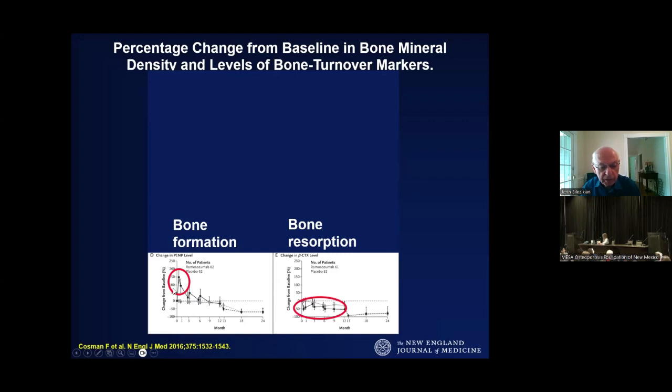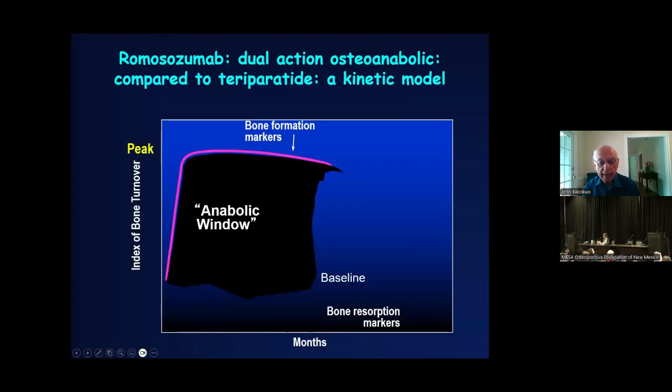So you've got a dual action agent initially, and then over time, and we don't use the drug for more than 12 months, but by 12 months, it basically has become an anti-resorptive. So again, Bob, forgive me for going back to this cartoon, but let me suggest that with romosozumab, what you're doing is adding to that anabolic window by reducing bone resorption.